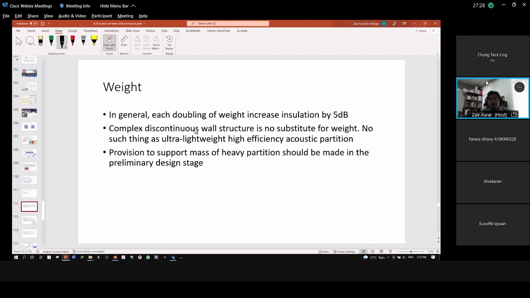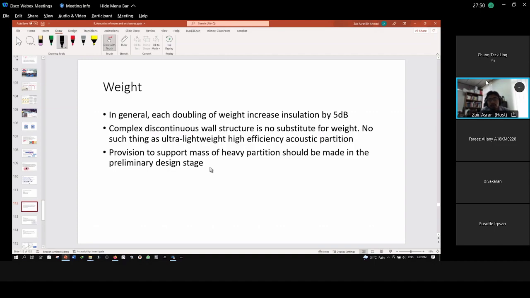But if we can use something that's heavy, that will help us a lot. Unfortunately, most of the time it is very difficult to add something heavy in the design, especially when everything has been fabricated.